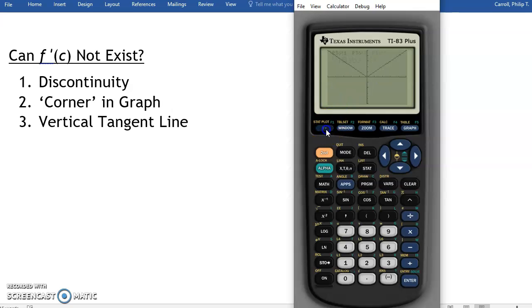So I need to come back in and change my function up a bit for that to work out. Our friend, the cube root function, is actually sort of the classic demonstration of a vertical tangent line here.